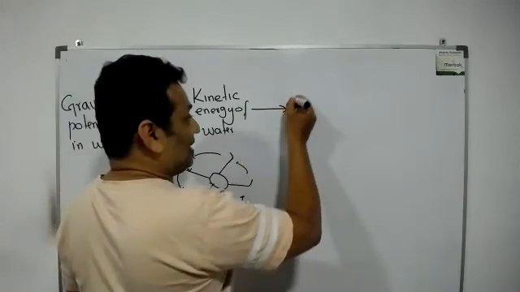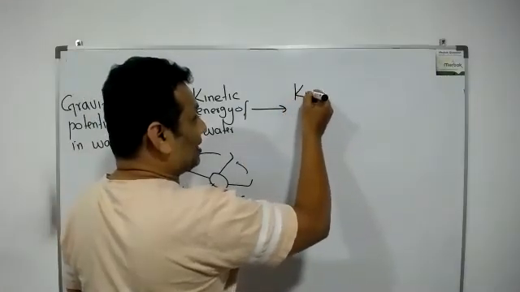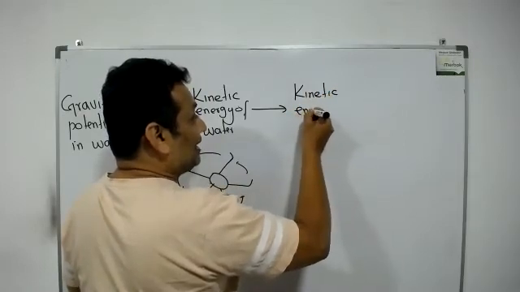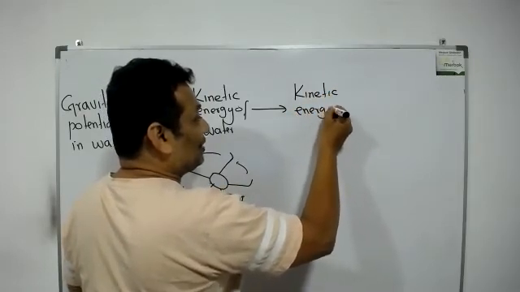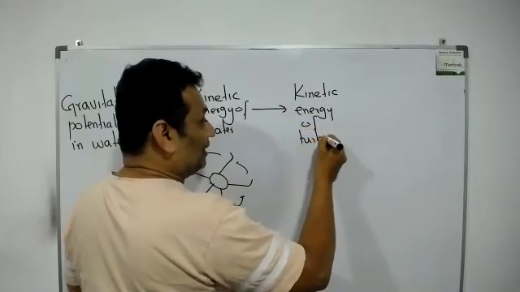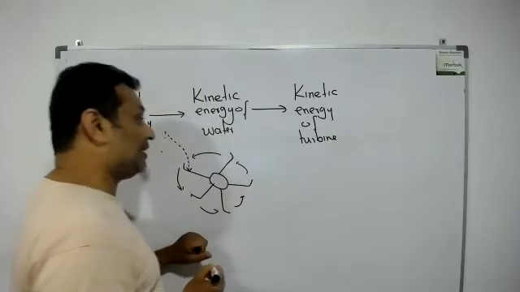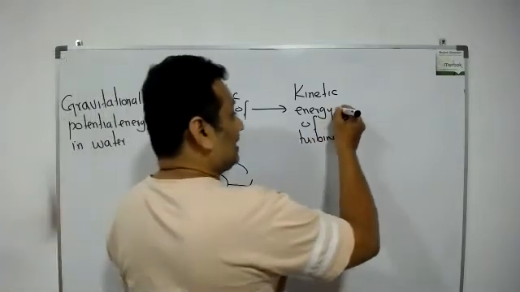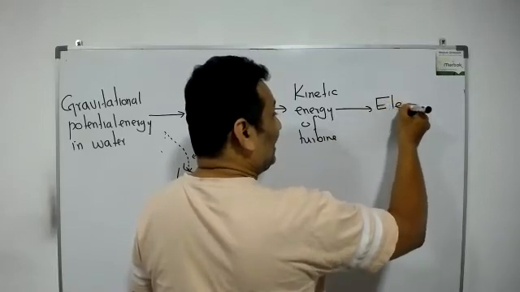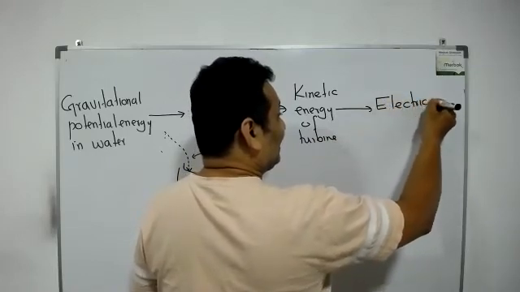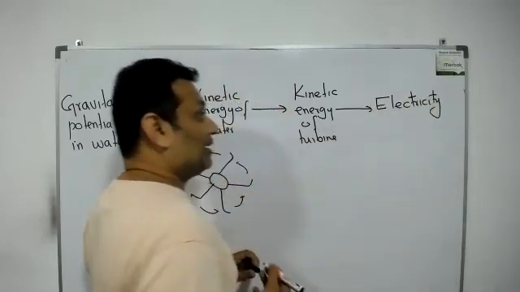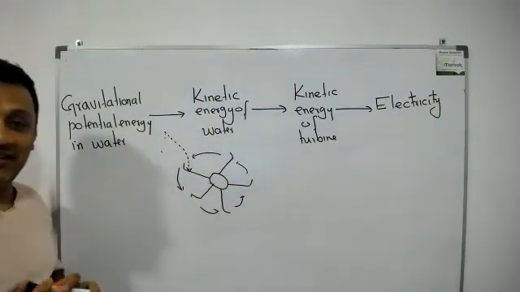So kinetic energy of water becomes kinetic energy of the turbine. Because the turbine is connected to the generator, the generator functions and gives you electricity.